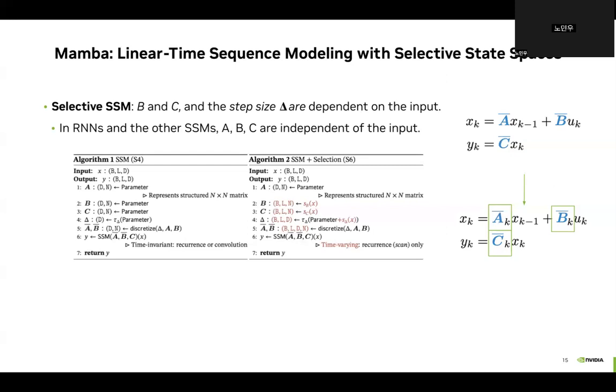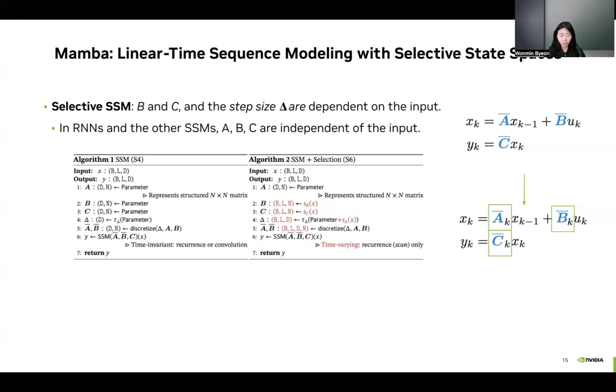Can we understand these matrices as the key and value matrices in a transformer? And if this is yes, does Mamba show the same problem as the transformer, something like handling those caches? So this increases the cache compared to the original SSM.